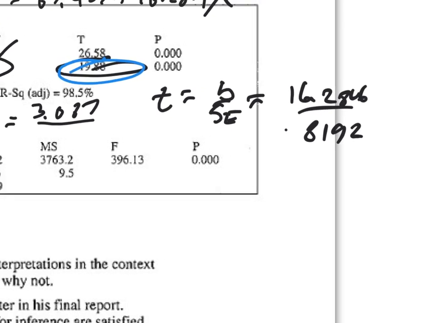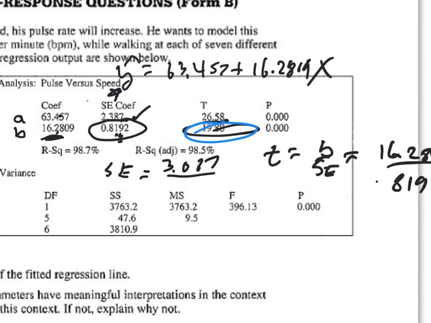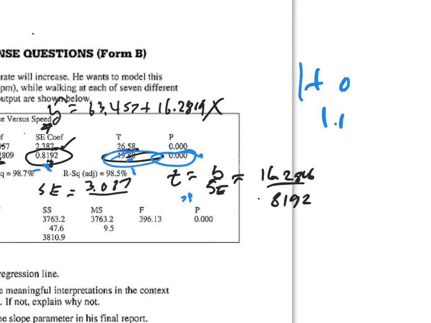So you should all be doing the division. Well, I see no calculators being used over here. 19.88. Oh, there it is. Look at that. But see, it's already done for you. I'm just showing you that the SE is right here. And there's the p-value. You could easily do your H naught, your H A, do your t, do your p, and make your conclusion. It's all here in the printout.